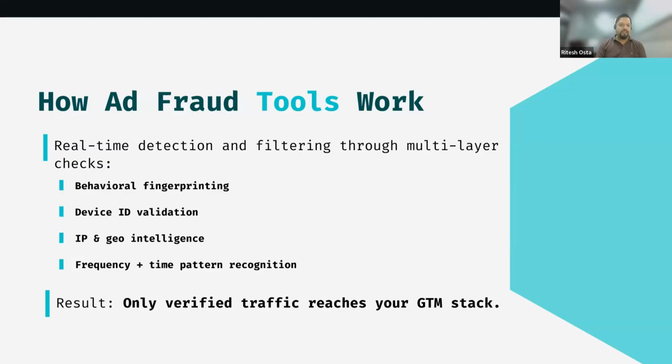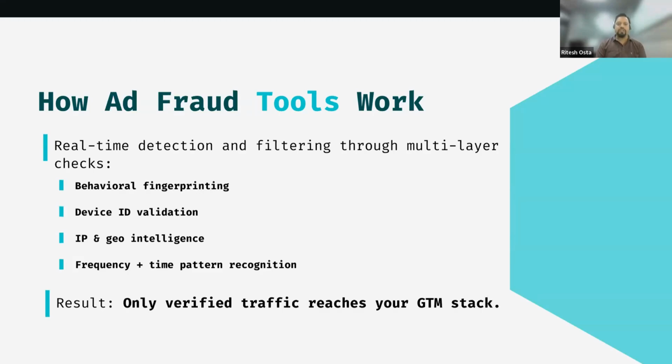So behavioral fingerprinting, device ID validation, right? That means from the device that those clicks and those bots are coming, whether the device can be validated. IP and geo intelligence, right? What is the geography by which they are coming? You're running ads in the US, whether the clicks are actually coming from the US, that's a question that needs to be answered.